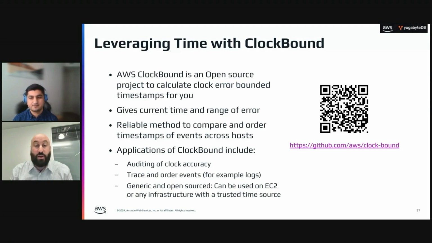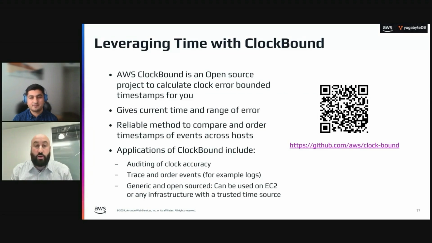Anyone can look, download, use this software as a reliable method to compare and order timestamps across nodes or hosts in your application. It gives you an audit if your clock is connected through your NTP daemon. And it allows you not just for logging and tracing events, but also comparing a current event or process to previous timestamps.